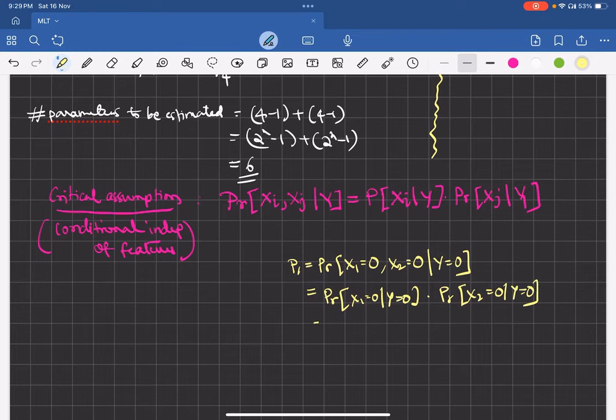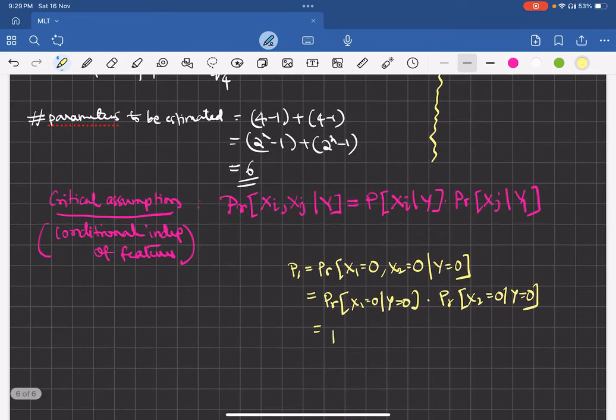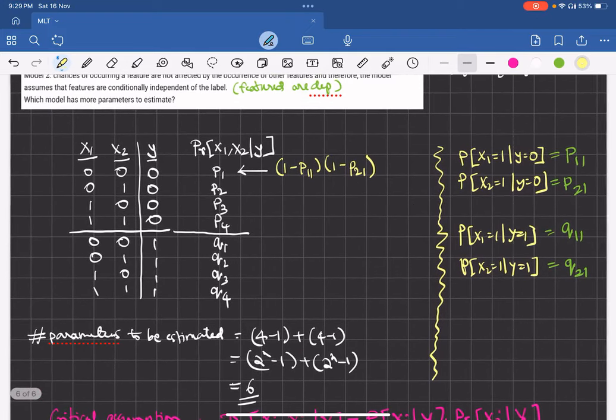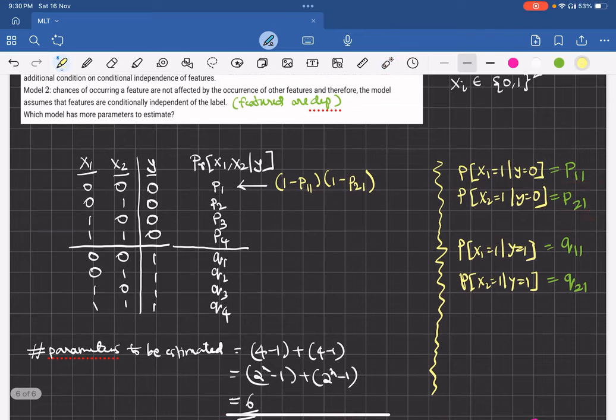Now, the first one is nothing but 1 minus the probability x1 is equal to 1 given y is equal to 0, multiplied with 1 minus the probability x2 is equal to 1 given y is equal to 0, which, according to our new notation, is equal to 1 minus p11 multiplied by 1 minus p21. That's how we wrote that.